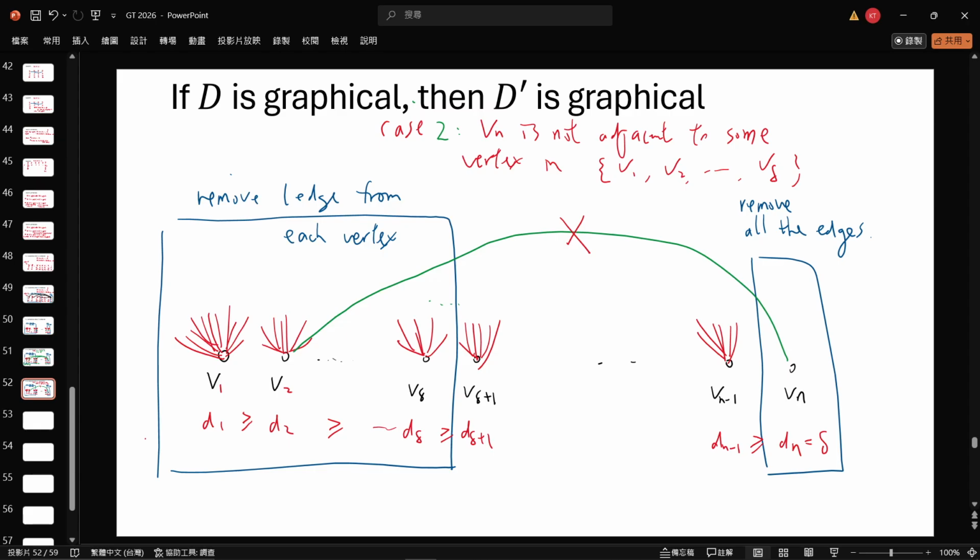In this case, Vn is not adjacent to V2. But the goal is still the same. The goal is still to remove one edge from each of these vertices, and remove all the edges from Vn.